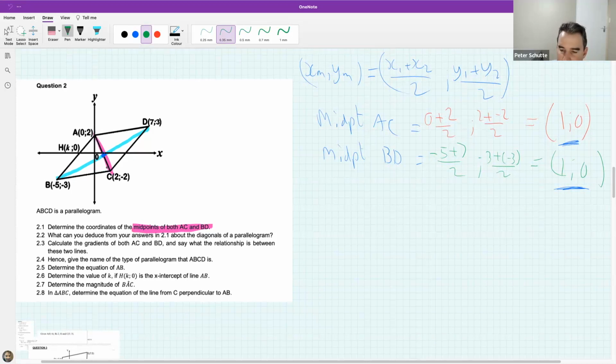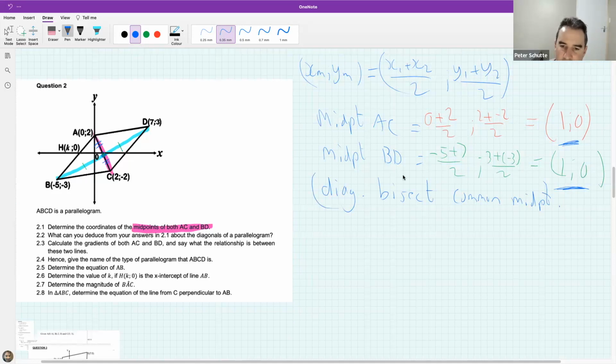Now, this doesn't mean the diagonals are equal in length, but what it means is that the pink one cuts the blue one in half, and the blue one cuts the pink one in half. And so we say that the diagonals bisect each other because they have a common midpoint.